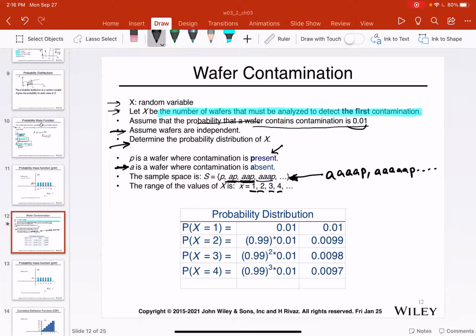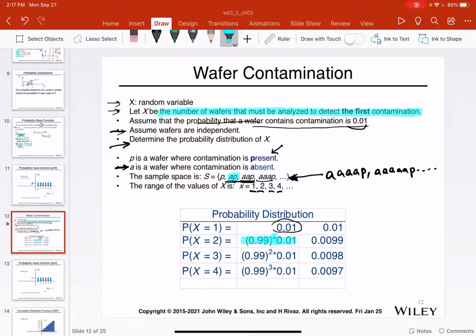So the probability of X being 1 is 1%, that one part having contamination. Probability of X being 2 means that I want AP to happen. The first one should be absent of any contamination, that's 99%, and the second one present. Why do I multiply?